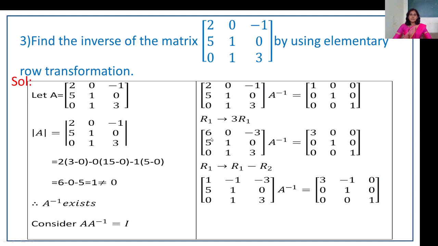Then we subtract first row from second row. 6 minus 5 we will get 1. So we reduce this 2 into 1. So here we get 1, minus 1, minus 3 and here 3, minus 1, 0, and R2 and R3, these two rows kept as it is.